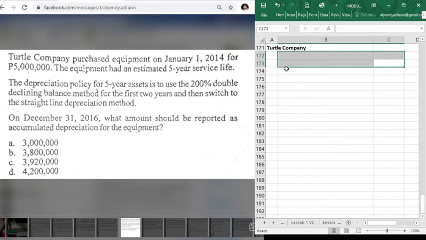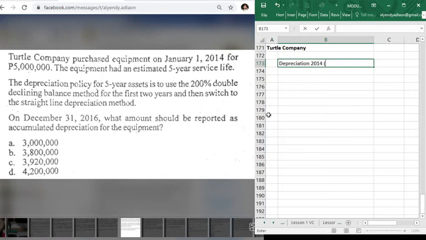So, what we are going to do is compute first the balance as of January 1, 2016. The question asks for December 31, 2016, so we update the balance as of January 1, 2016. On January 1, 2014, the asset was purchased. So, we have here the depreciation for 2014.